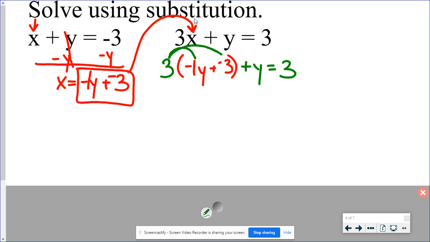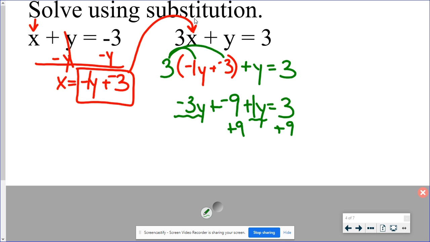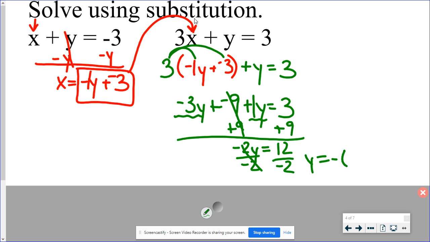So when I distribute, I'll have -3y plus -9 plus 1y equals 3. So I'm going to combine my y's. I'm also going to add this 9 at the same time. So negative 3y plus 1y is going to be negative 2y equals 12. So y equals negative 6.